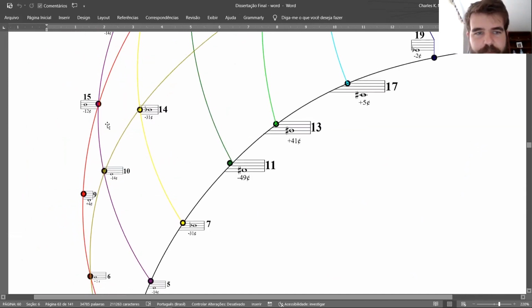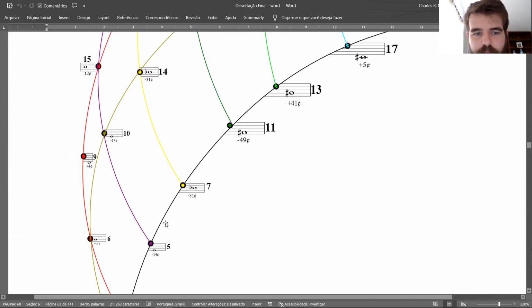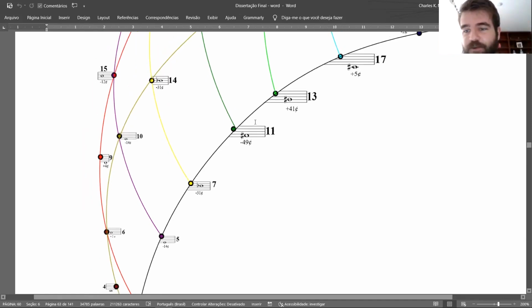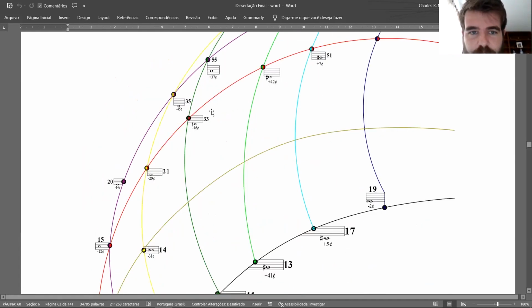In 5 and 50, this occurs again, because here we have an E and here we have a B. So this occurs in all the harmonic series. These odd numbers that are not prime numbers share a fundamental with 2 harmonic series.